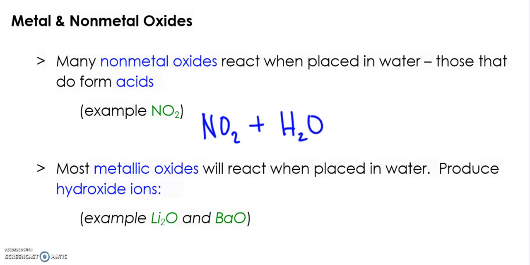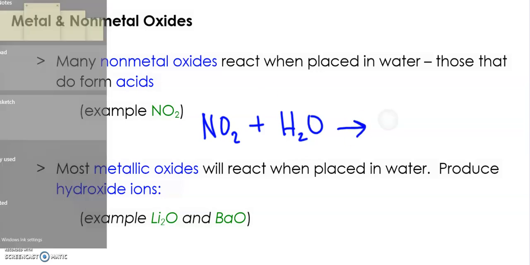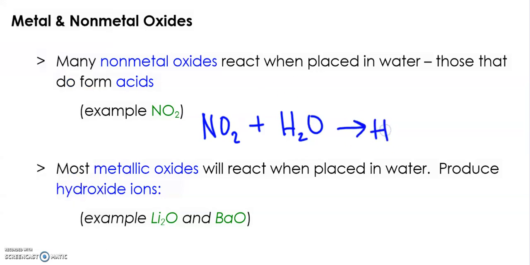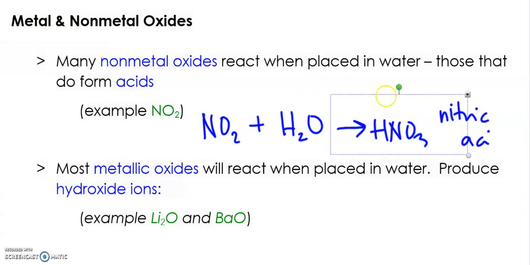Put it in water. What we would get would be HNO3, which is nitric acid. And then we would need to balance this, though. 2. Okay, so that's what nonmetal oxides will do.